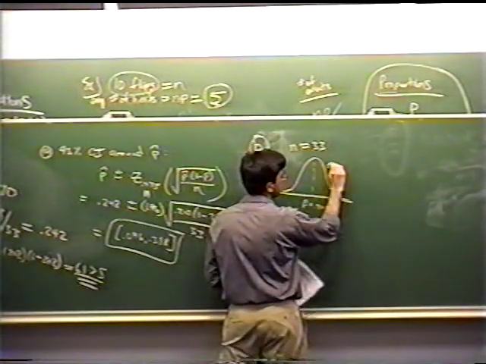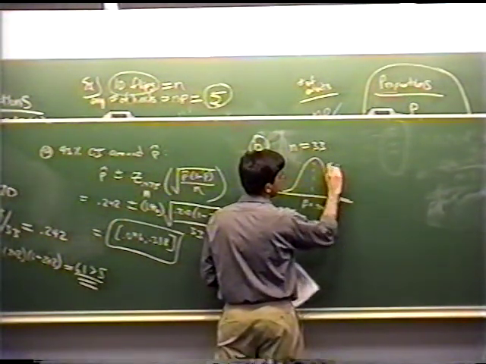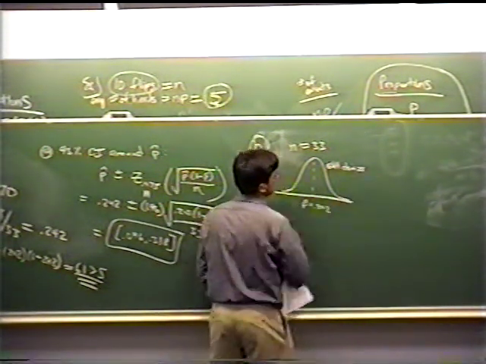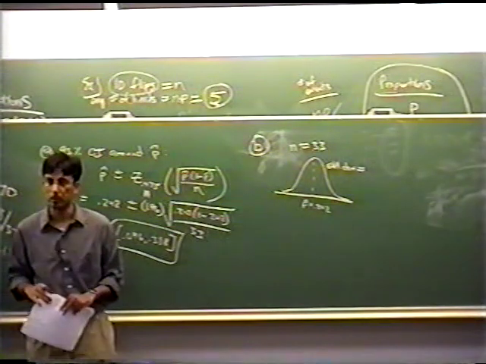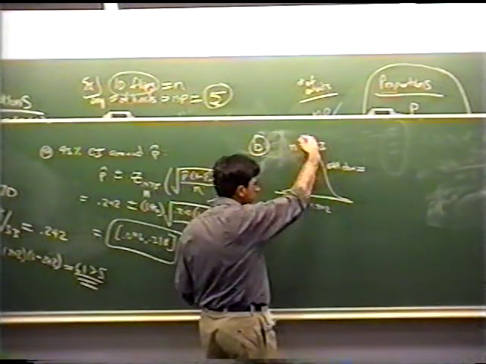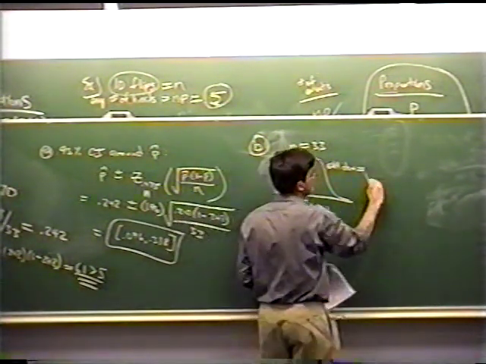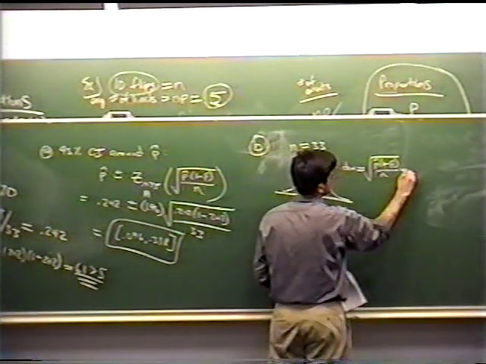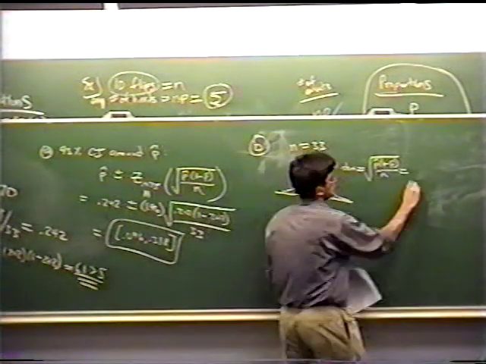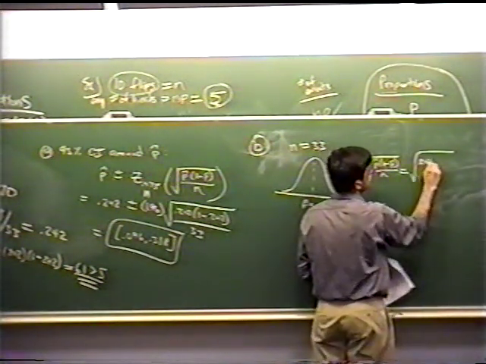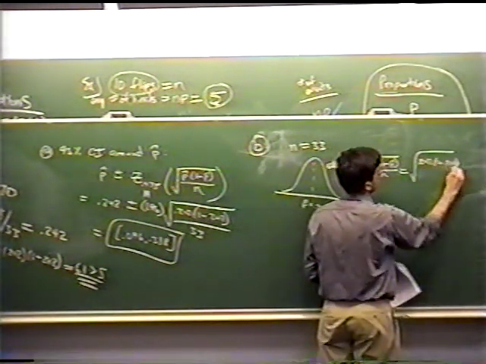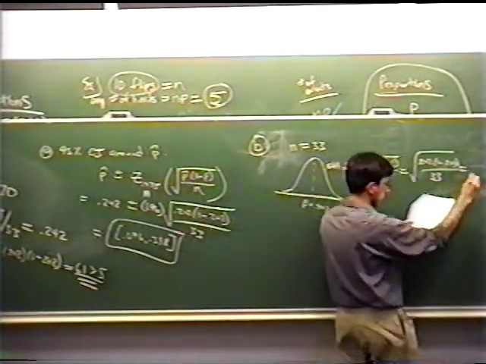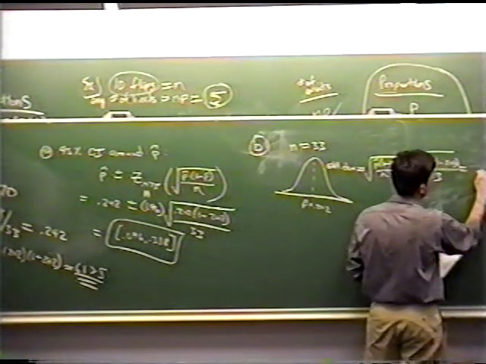And what's the standard deviation of this distribution? Well, that's just going to be the square root of p hat, 1 minus p hat over n. So the square root of 0.242, 1 minus 0.242 over 33. And when you calculate that out, that's equal to 0.075.